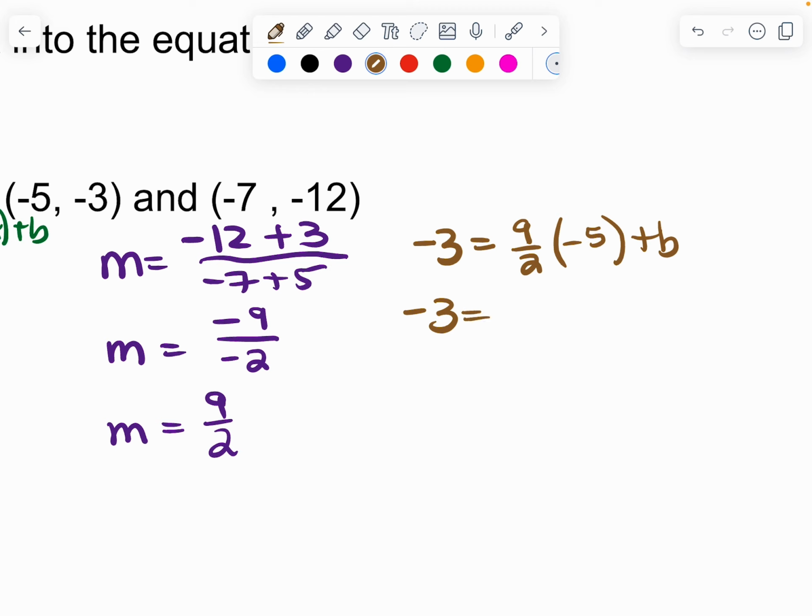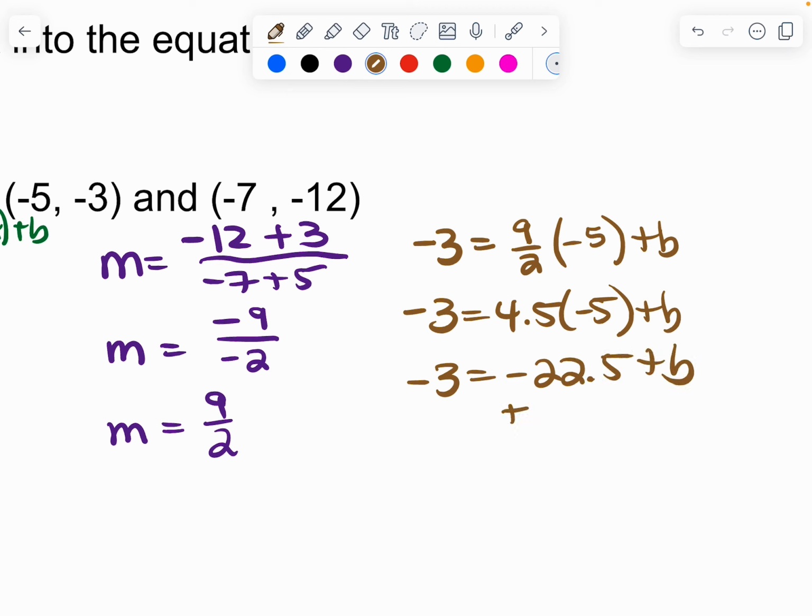Now, I can change this to 4.5 if you don't like the fact that that's a 9 over 2. It doesn't matter. But 4.5 times 5 is going to get me negative 22.5. I'm going to add that to the other side and get 19.5 is equal to b.